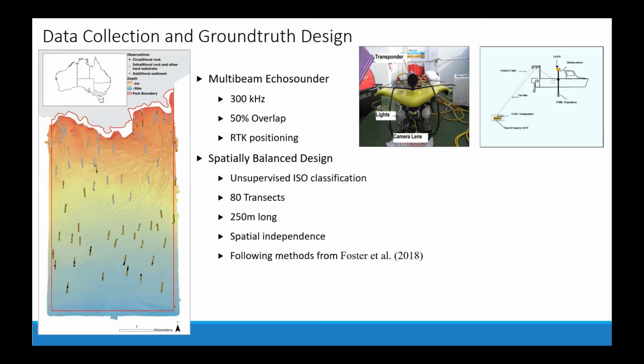In addition to that, we did quite a robust ground truthing survey. We took the bathymetry and backscatter and performed an unsupervised ISO classification to try to determine how many classes of habitat we thought were there. After that, we took those classes and spatially sampled them for 80 transects instead of having a few long transects.